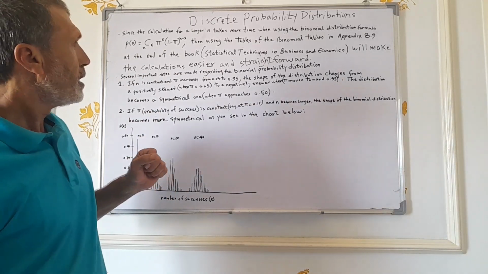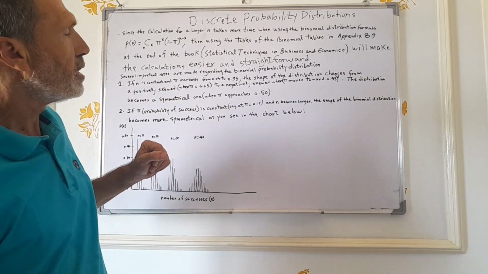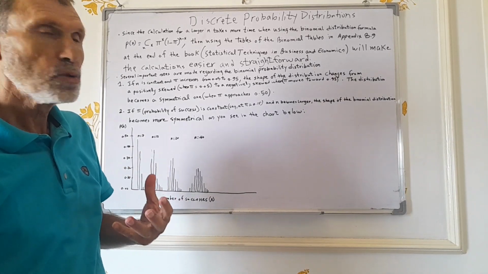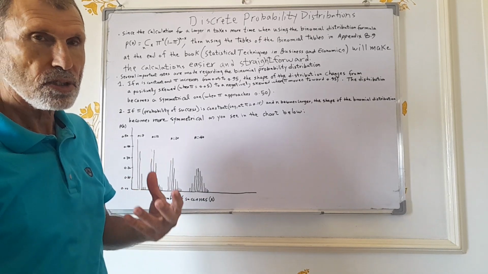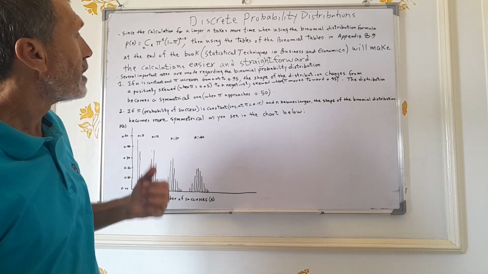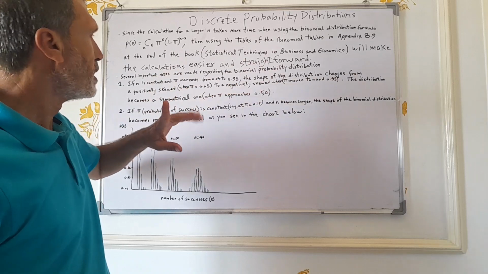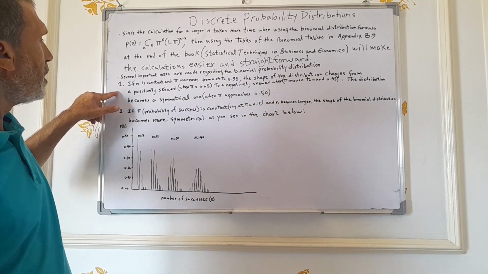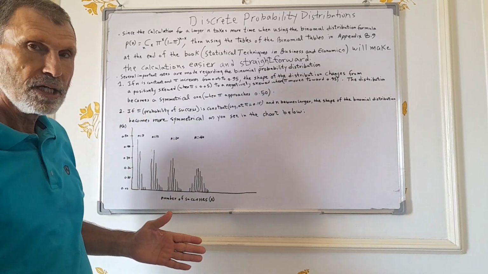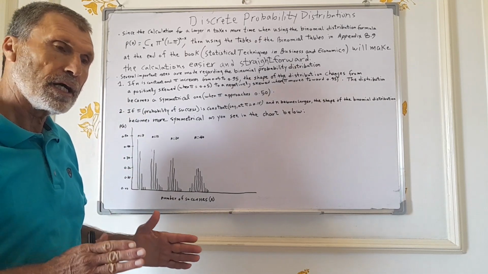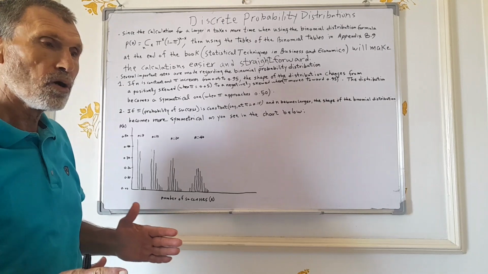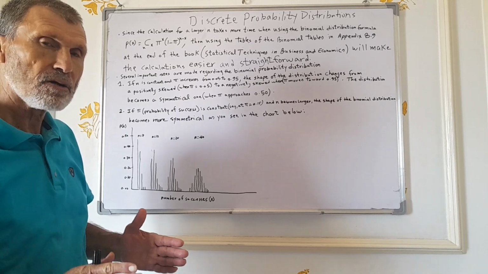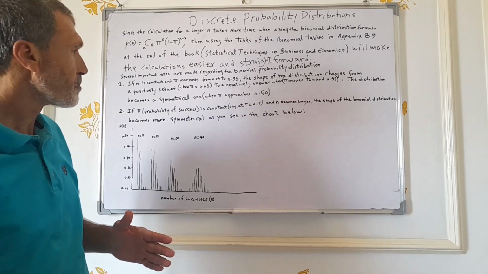Now, in discussing the binomial formula, it's important that we point your attention to some important notes regarding the binomial probability distribution. The first one talks about the size of n, whether it is fixed or increases, or the size of pi, the probability of success, whether it is constant or changes.